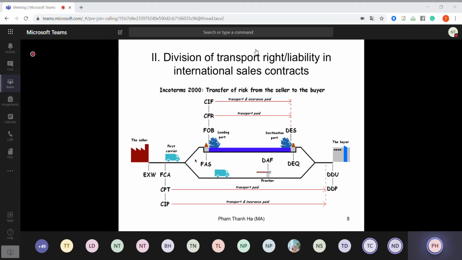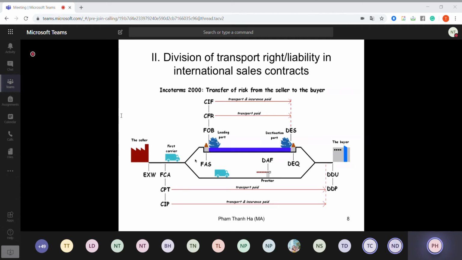And how about the CFR? The seller must contract for and pay the cost and freight necessary to bring the goods to the named port of destination. Okay. Thank you.